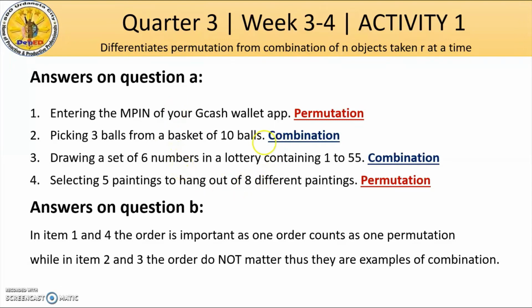Answers on question B. In items 1 and 4, the order is important, as one order counts as one permutation. Because in entering your MPIN in GCash, the order matters. And in selecting 5 paintings, each arrangement counts as one permutation. While in items 2 and 3, the order does not matter. Thus, they are examples of combination.